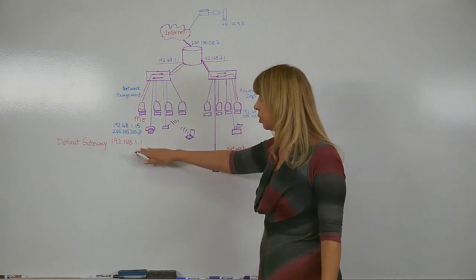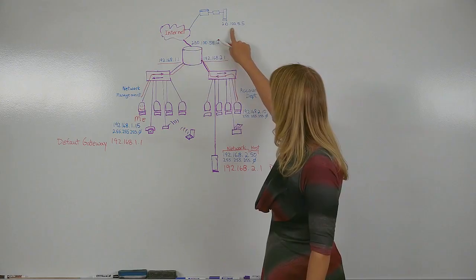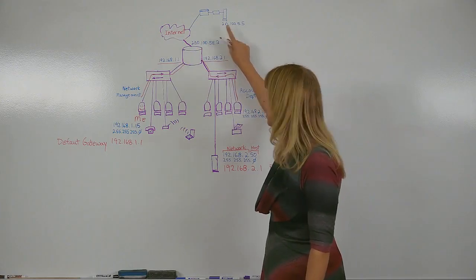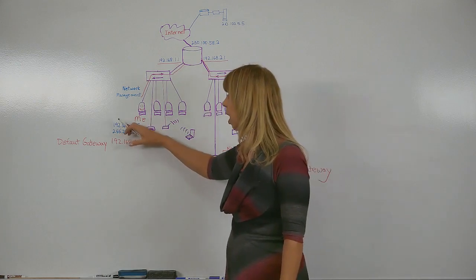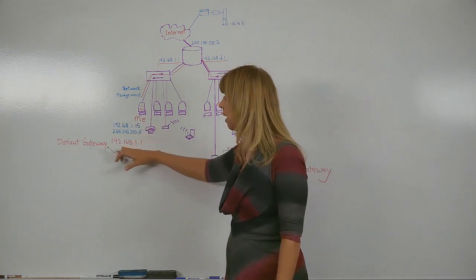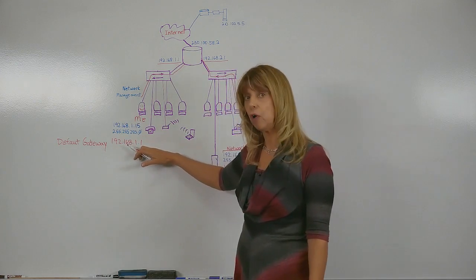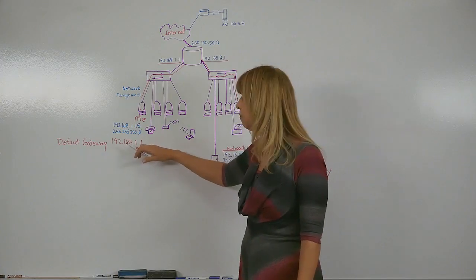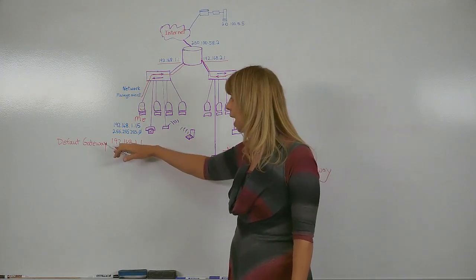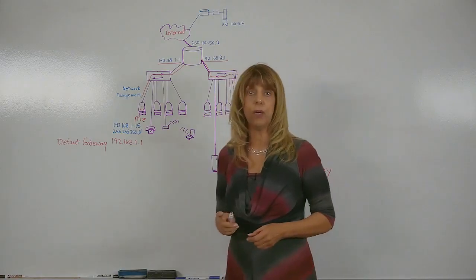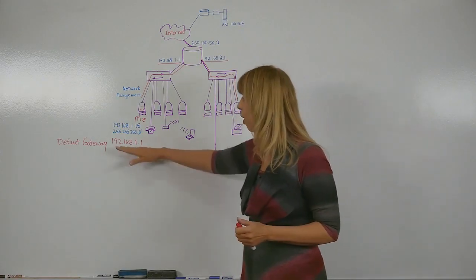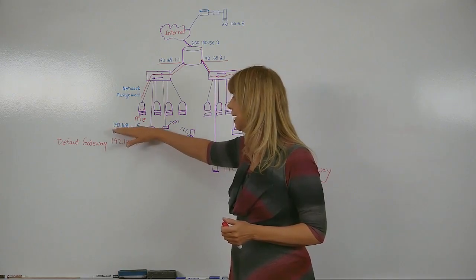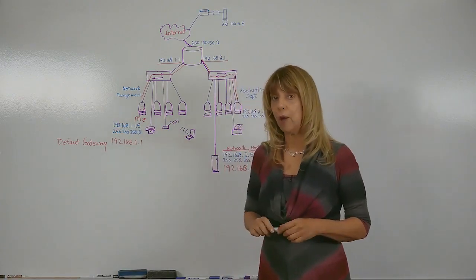Once the host determines that the address of the destination is not on its same local network, it ARPs for the MAC address of the default gateway. This is important to remember because one of the problems you find in networks frequently is a mistake where the default gateway address is not on the same local network.